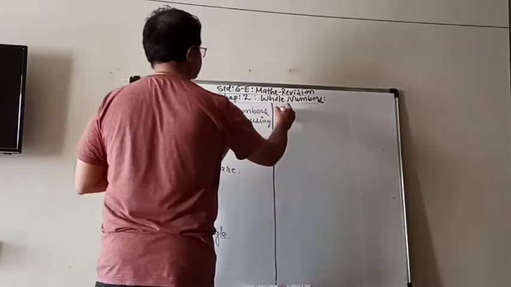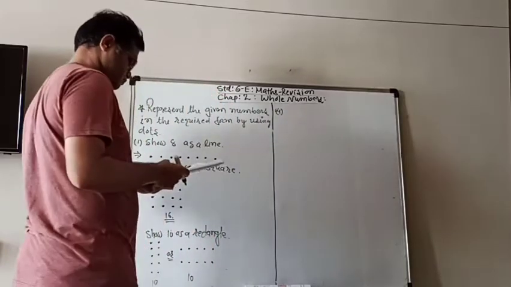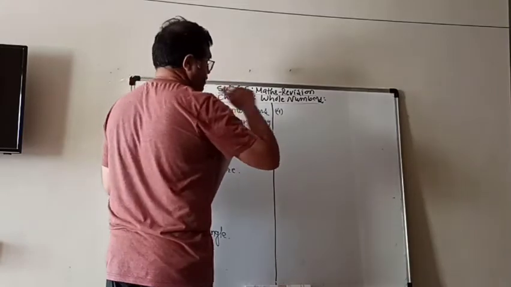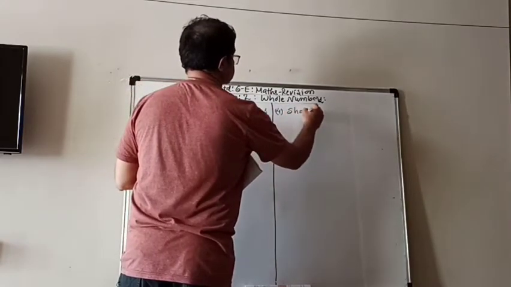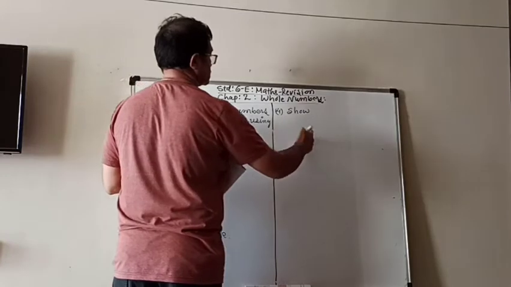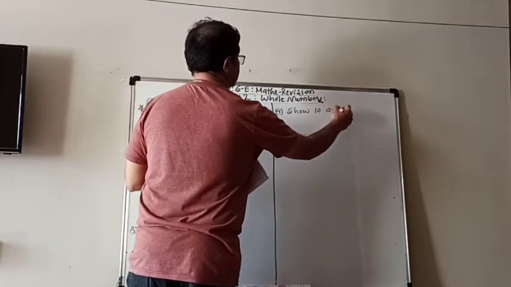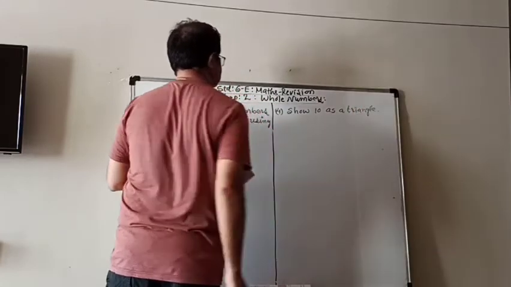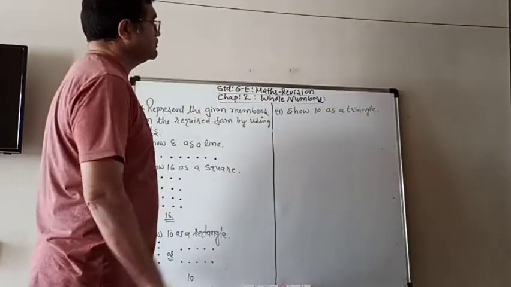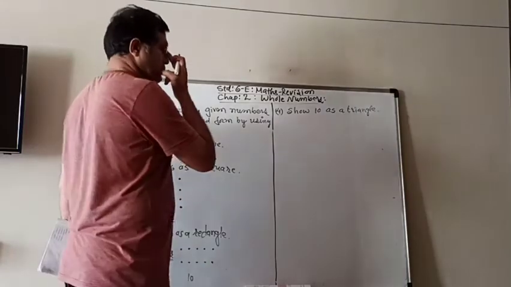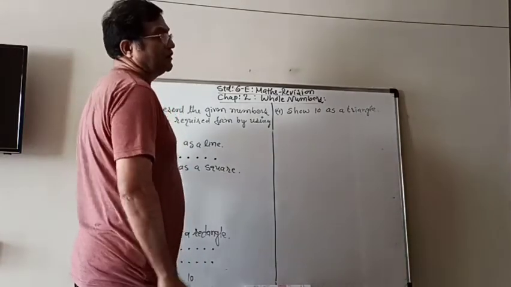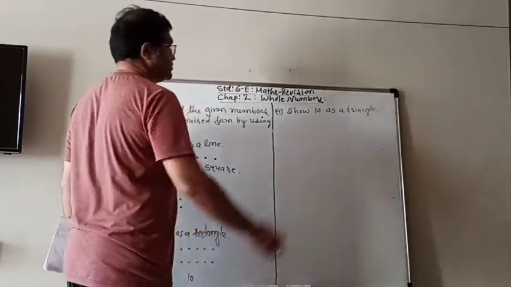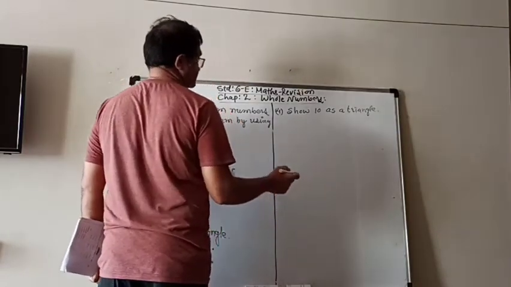Now 10 as a triangle. Now 10 can be represented by triangles also. You know that in a triangle we have to make a right triangle. The two sides should be equal.